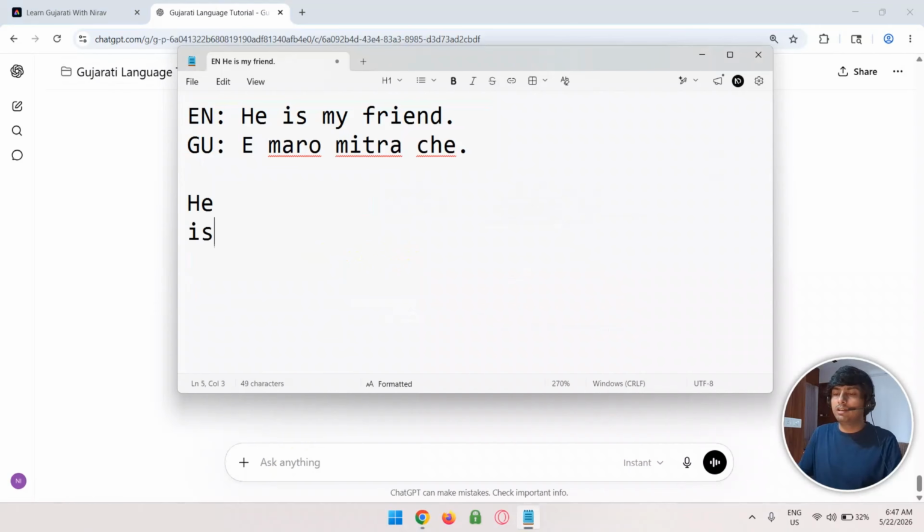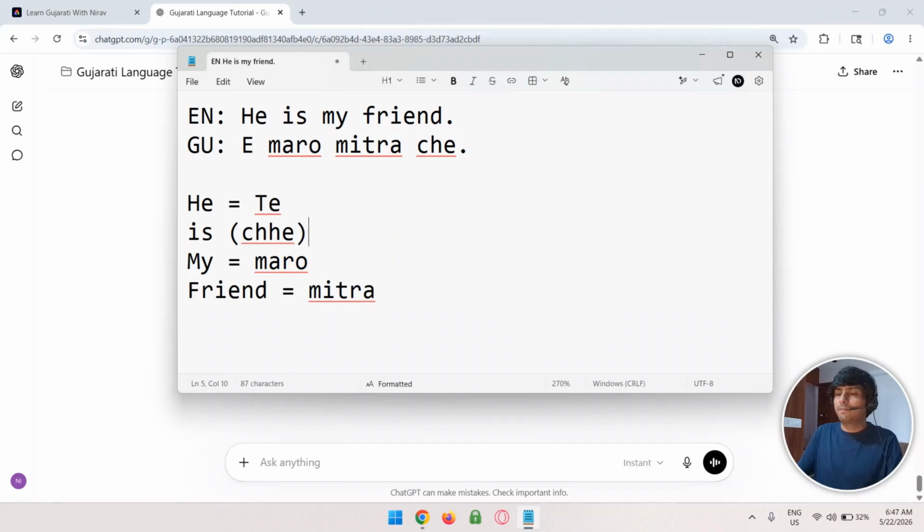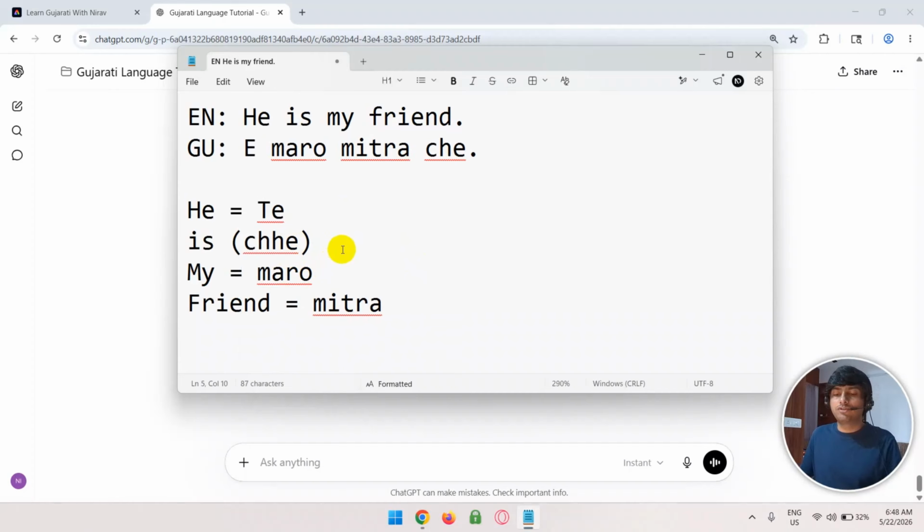Te maro mitra. To finish the sentence, very simple. Te maro mitra છે. For he in Gujarati we say te.